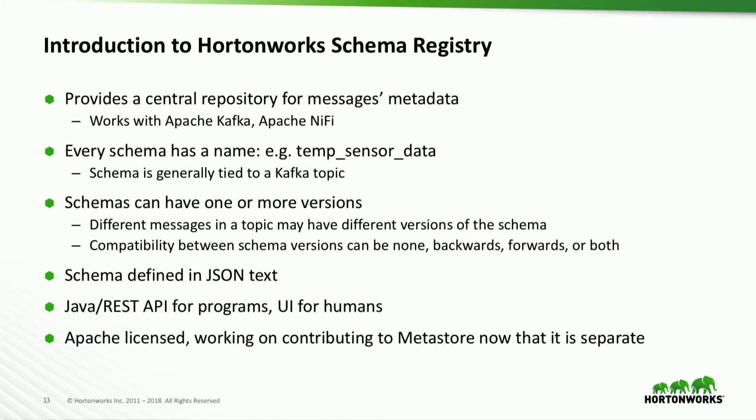And there's a REST API and Java API for programs and a UI for humans, which I'll show you in a moment. This is Apache licensed, and we're working on contributing this to the metastore now that the metastore is a separate module inside Hive, which is, again, another motivation of why we'd like to pull this out into a separate project, because it makes it easier for groups like this to come and say, hey, we want to use your metadata repository for our stuff and contribute to it.